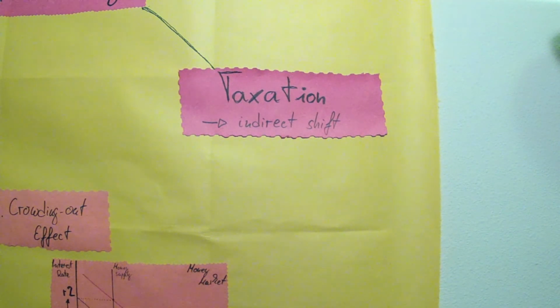The size of the shift in the aggregate demand curve resulting from a tax change is also affected by the multiplier and crowding out effects. This is similar to government spending. When the government cuts taxes and stimulates consumer spending, earnings and profits rise, which further stimulates consumer spending.